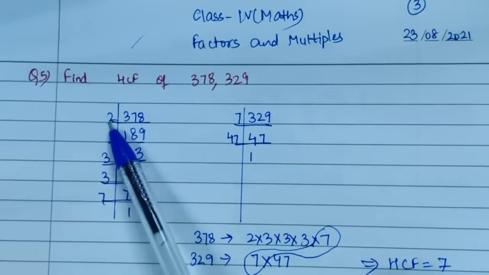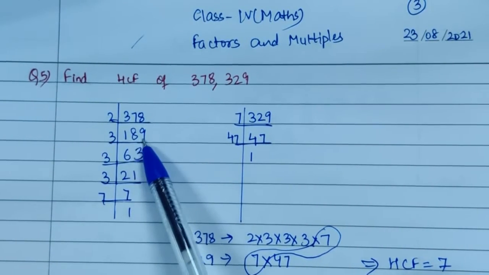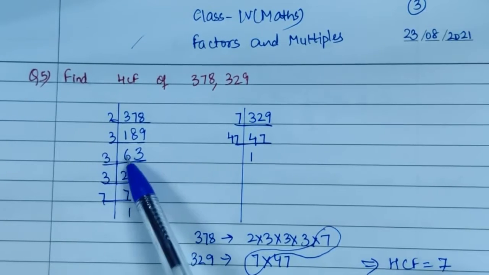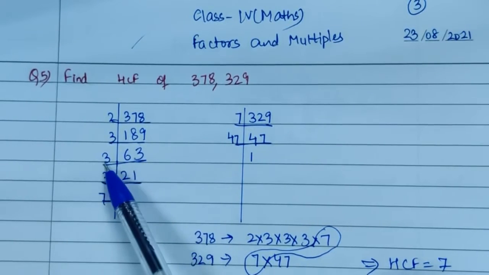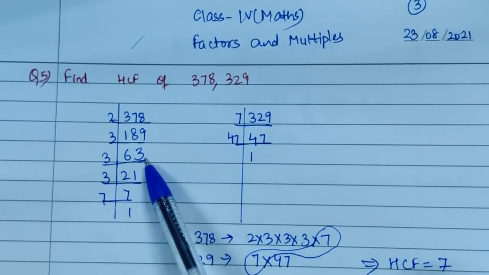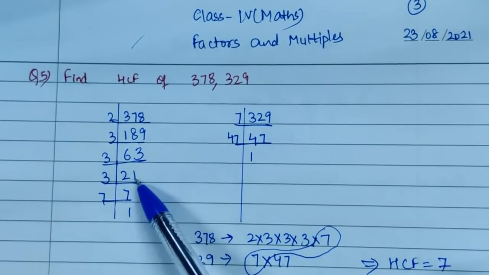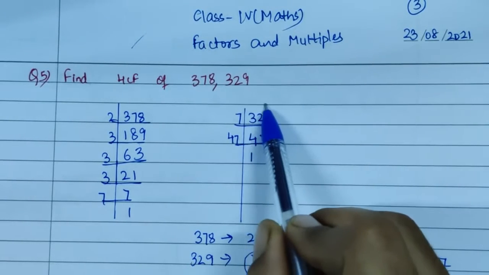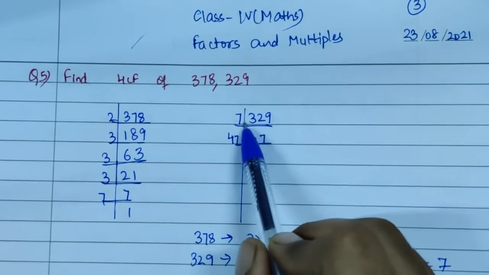Now let us find the HCF of 378 and 329. 378, start with 2, you will get 189. Then if you divide it by 3, we get 63. Then 3 into 21 is 63, 3 into 7 is 21, 7 into 1 is 7. Now for 329, it is very clear that it is divisible by 7.